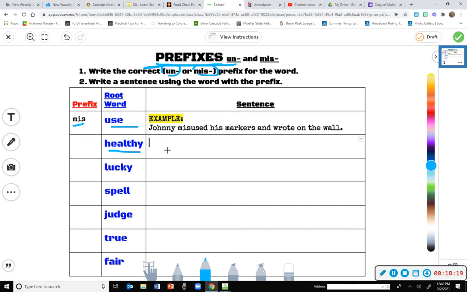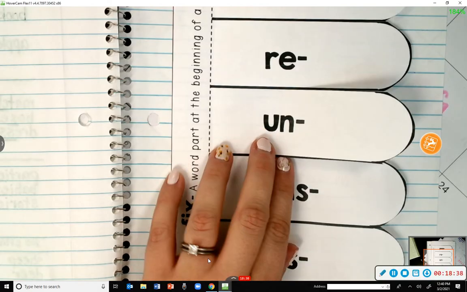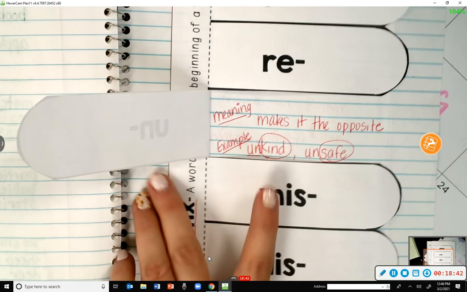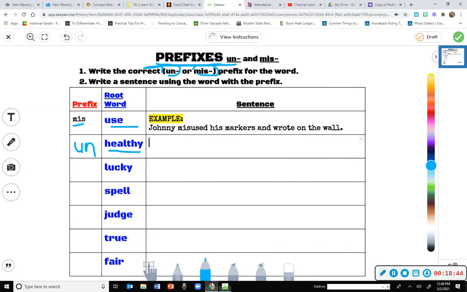Okay, so you need to think about how you would say it. Would I say mishealthy or unhealthy? Unhealthy. So we put unhealthy, and if we look at our notes, un meant what? If we look back at our notes at un right here, un meant makes it the opposite. So if my word was healthy and I put un in front of it, then that means the opposite.